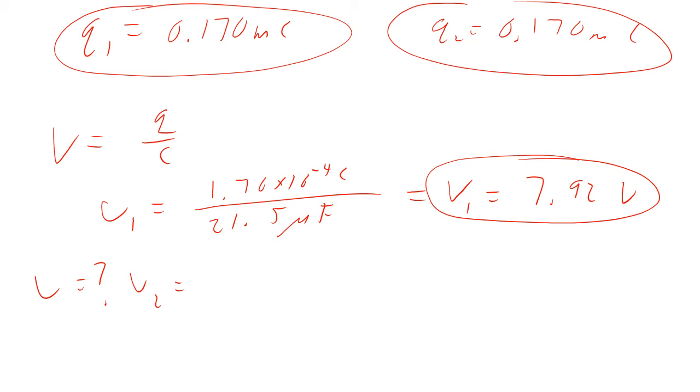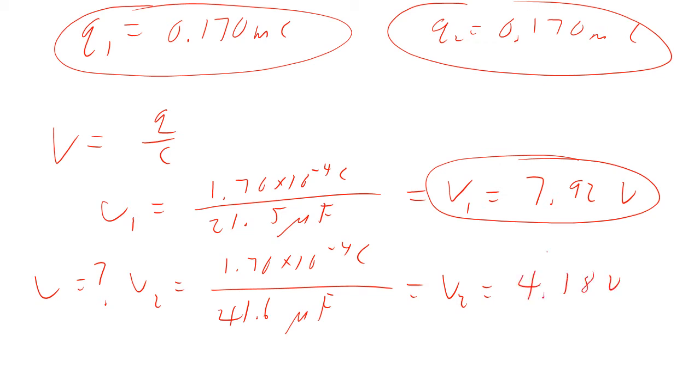V2 is going to be the 1.7 times 10 to the minus 4 coulombs divided by the 41.6 microfarads. Remember, micro is 10 to the minus 6. So V2 comes out to be equal to 4.18 volts. Okay, now if we did this right, we can check ourselves, because we know that V1 plus V2 should equal V0.